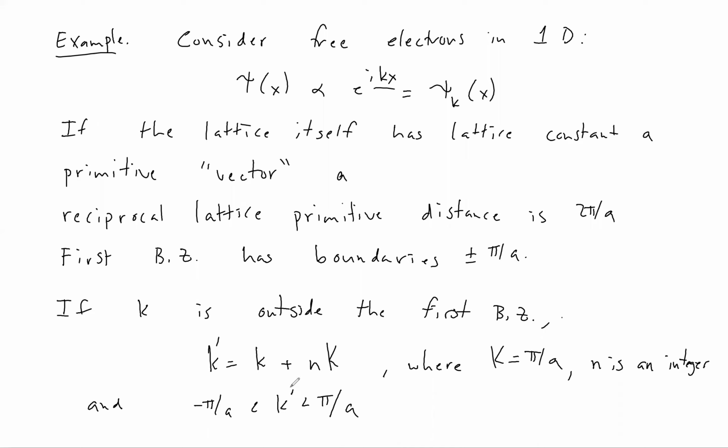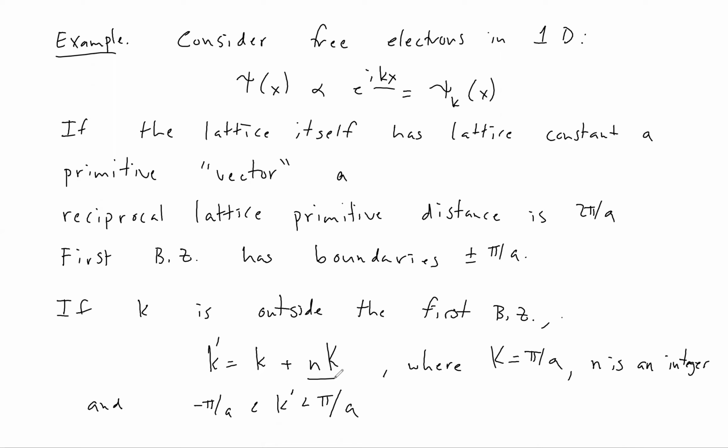And we've shifted k prime to be in the first Brillouin zone by adding to k an integer multiple of this primitive distance, which itself is a distance that belongs to the reciprocal lattice. We can bring k prime back to the first Brillouin zone. Okay.